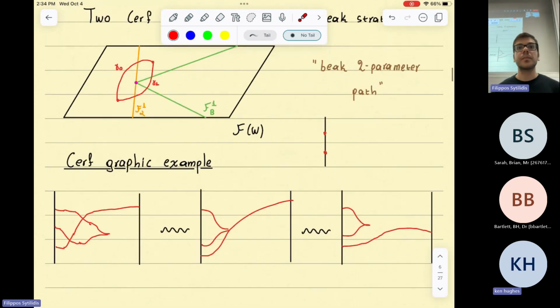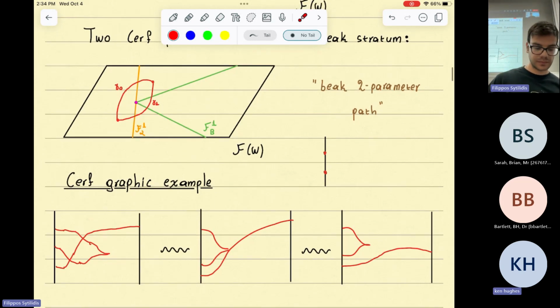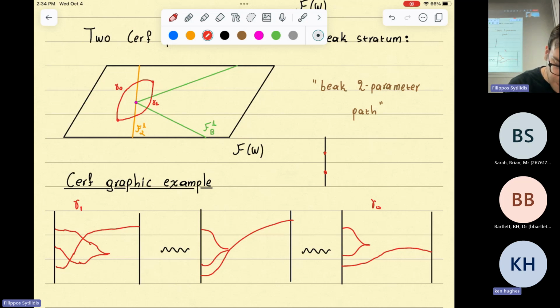What did you say happened on that big path? This one was gamma 1. So I'm thinking of a homotopy from gamma 1 to gamma 0.